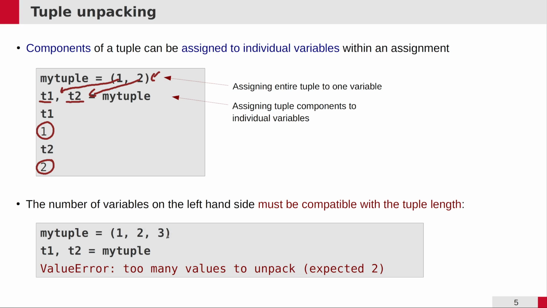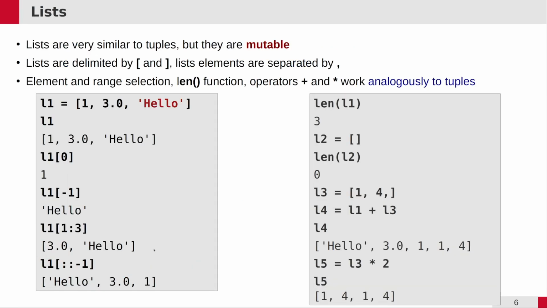If we try this one here, where the tuple has 3 elements and we assign it to only 2 names, it will not work, because there are too many values to unpack. We will see when we deal with lists that even that can be solved, but to introduce that, we need the concept of lists. So let's go to the lists.